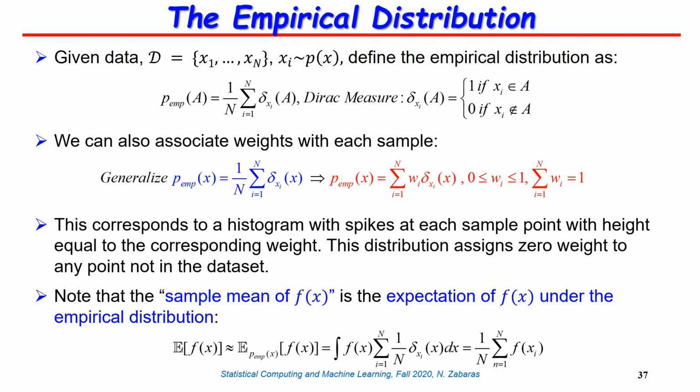But right now, we notice that this result of the sample mean, that maybe you know from your undergraduate courses, is nothing else but the expectation of f of x under this empirical distribution, and we take this as an approximation of the true expectation.